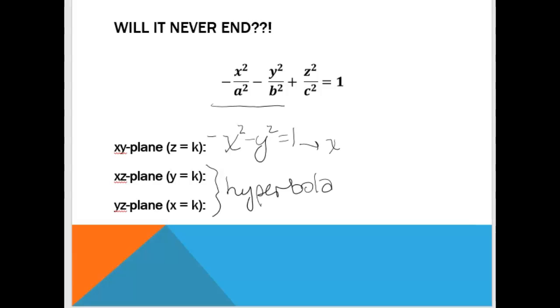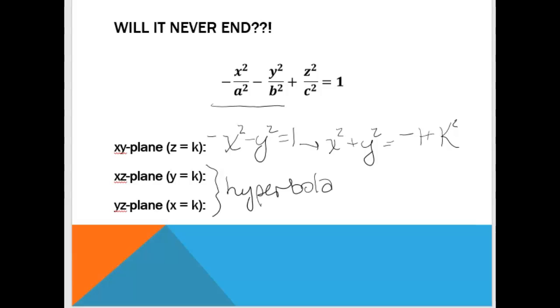I get x squared plus y squared equals negative 1, and then plus whatever constant z is. So this might be fine if k is big enough to make the right-hand side positive, and it might not be fine if k is smaller.